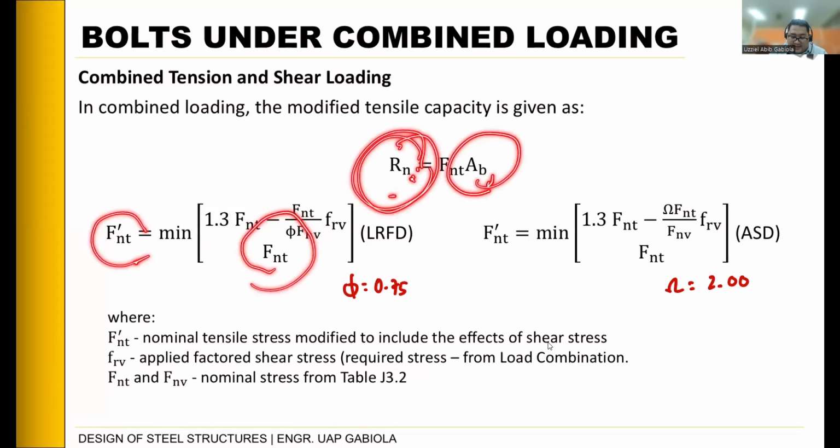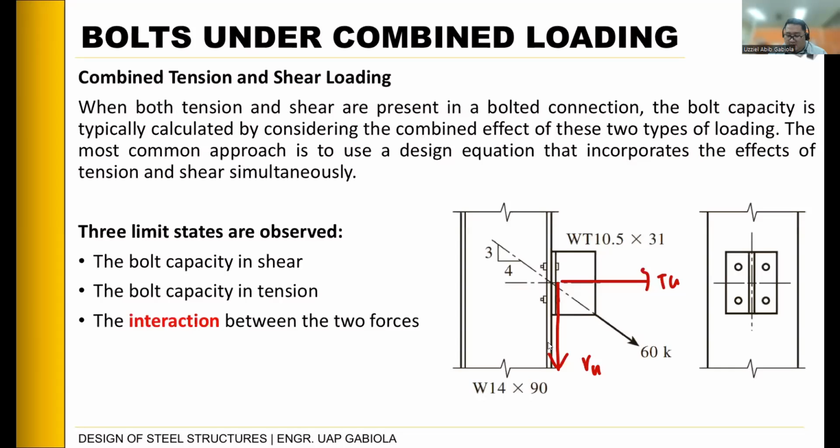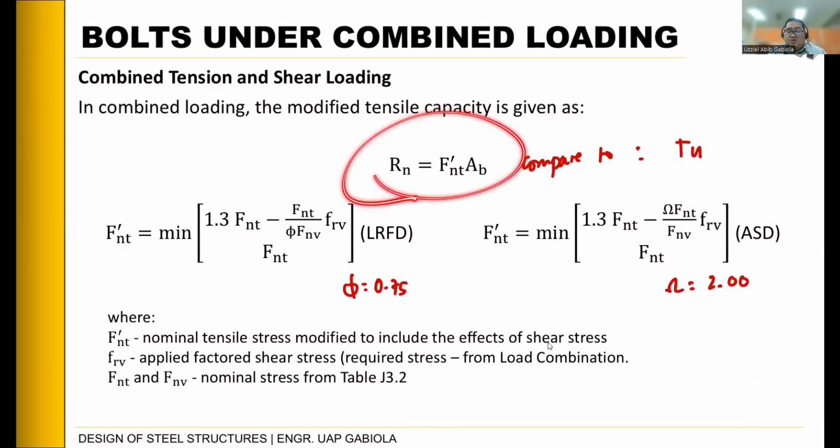Since binase lang natin sa modified tension capacity, i-compare natin ngayon yung makukuha natin with TU natin. Okay? So, yung ibig sabihin ng tension dito, kung ano yung value nitong TU na to, dun mo siya i-compare dito. Kasi nireduce natin yung tensile.